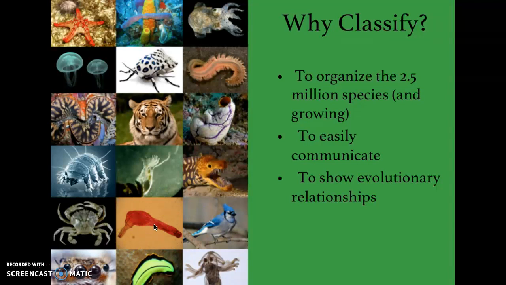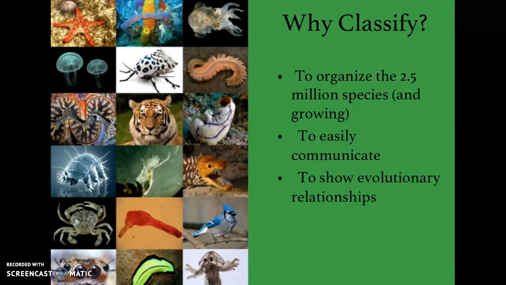I'm not sure what that is. Or related more closely to a nudibranch, which are those brightly colored kind of sea slug things that we talked about. Or here's a water bear. So is a water bear more closely related to a crab, or is it more closely related to a true insect? So we can look at that when we break down the classification and see what category these animals are under.